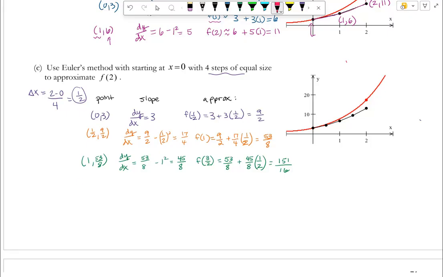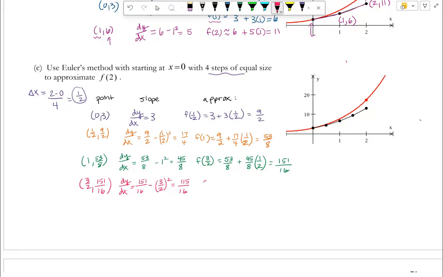Using our previous point, our point was (3/2, 151/16), and we're going to recalculate our slope for the fourth time. So dy/dx is y, 151/16, minus x squared, so (3/2) squared, which is 9/4. And that ends up being 115/16, because that's 151/16 minus 36/16.